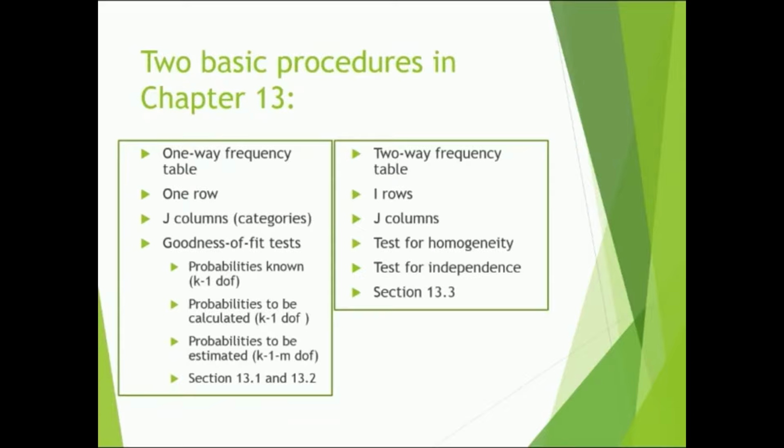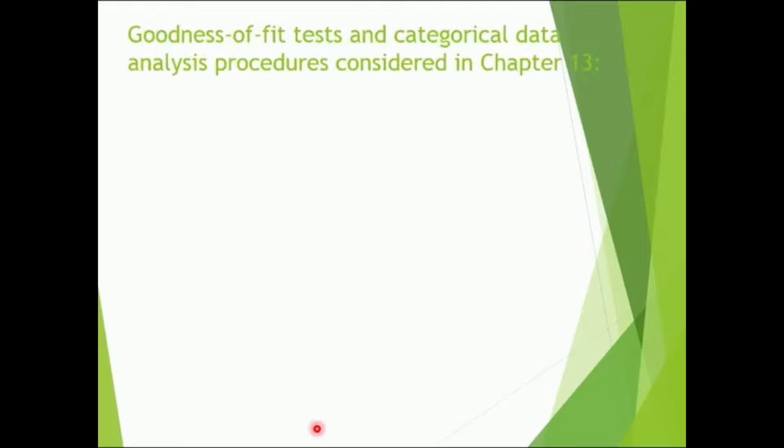So let's consider the goodness of fit tests first, where probabilities are known. Here we're going to consider tests when category probabilities are completely specified. Completely specified is very important.